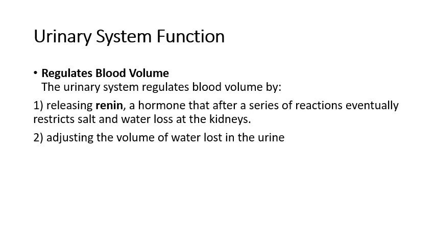Also, it is important in the short-term regulation of blood pressure by secreting an enzyme called renin. Renin is released from a certain structure in the kidney when blood pressure falls.